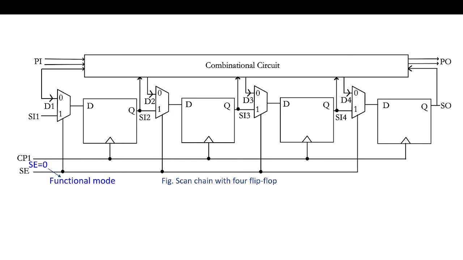If I don't convert this, then this should be at the output, this also should be at the input, and again this should go to the output. So for 4 flip-flops, I will have 4 scan inputs and 4 scan outputs.